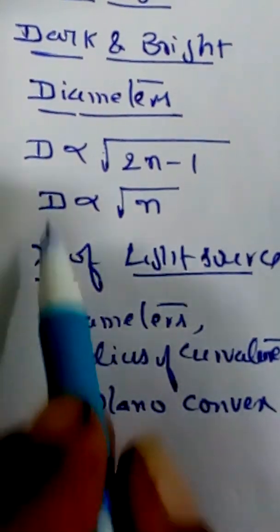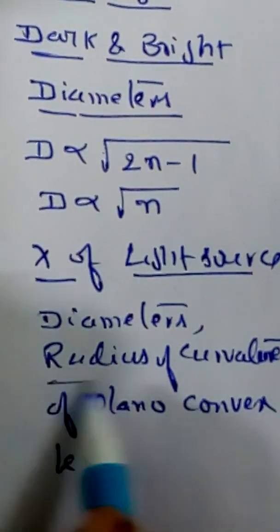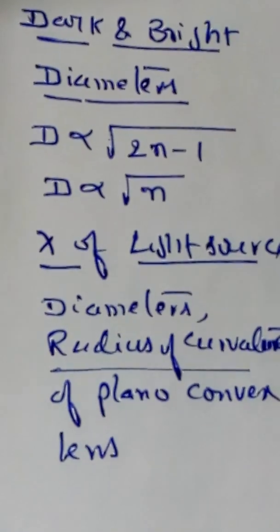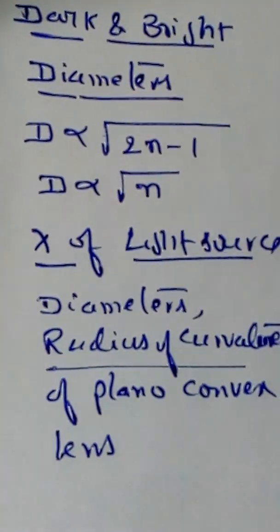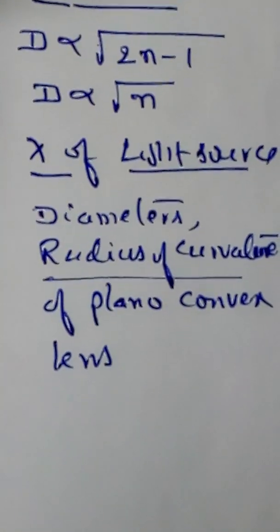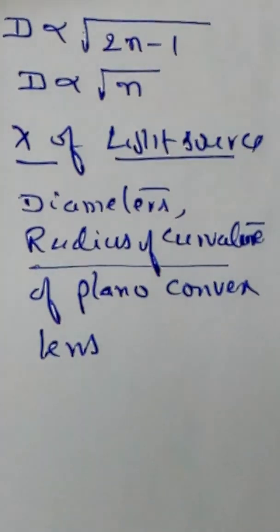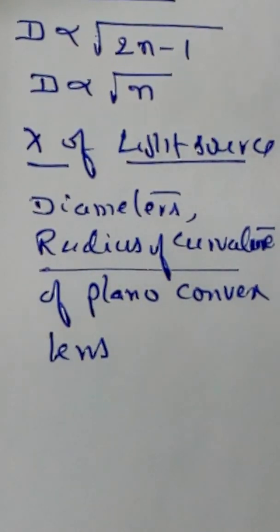With the help of these diameters and radius of curvature of the plano-convex lens, we can determine the wavelength of a light source.